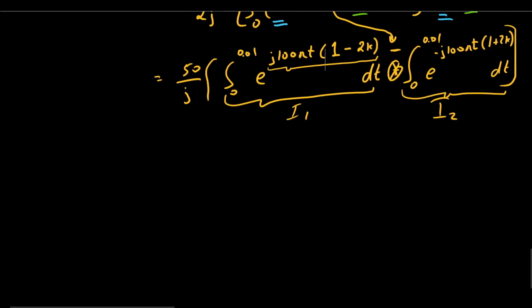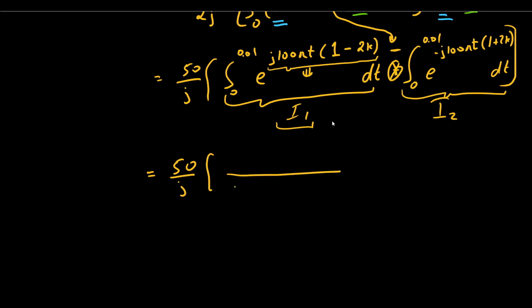Now the solution of these integrations, that is I1 and I2, is very simple, and you would have this argument appearing in the denominator, that is you would have 50 by j, and the argument which is simply j 100 times (1 minus 2k), and in the numerator we have the same function, which is e to the j 100 pi t (1 minus 2k), with the limits 0 to 0.01.